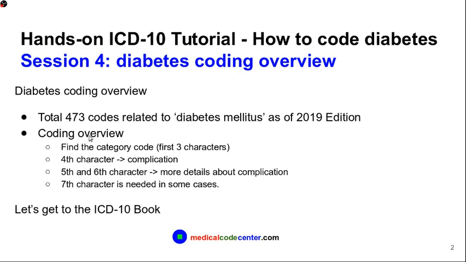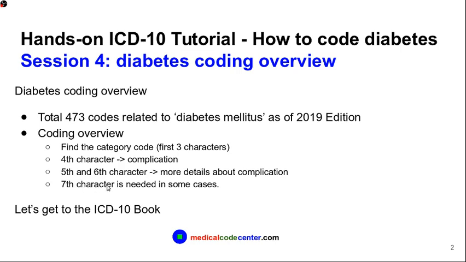To code diabetes, first you have to find the category, which is usually the first 3 characters of the code. Then the 4th character specifies the complication of the diabetes condition. The 5th and 6th characters give more details about the complication. And sometimes you need the 7th character.